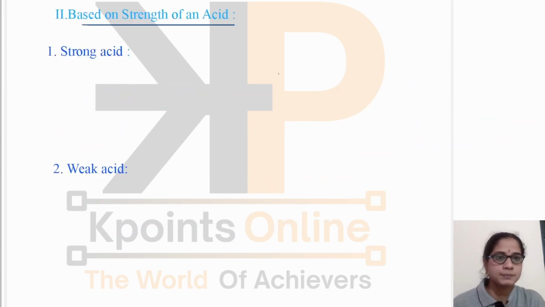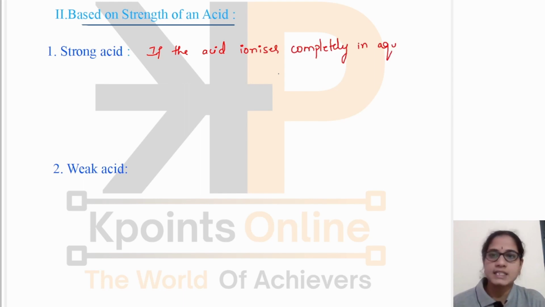Next, based on the strength of an acid, they are divided into strong acid and weak acid. If the acid ionizes completely in water, that is in aqueous solution, it is called a strong acid.